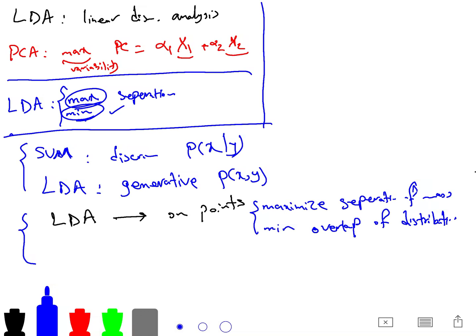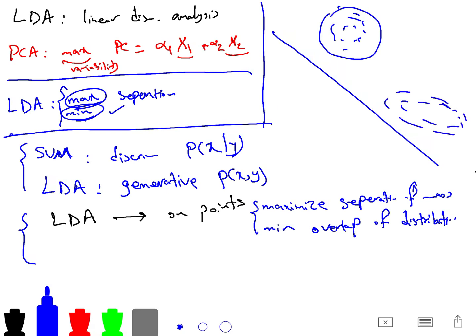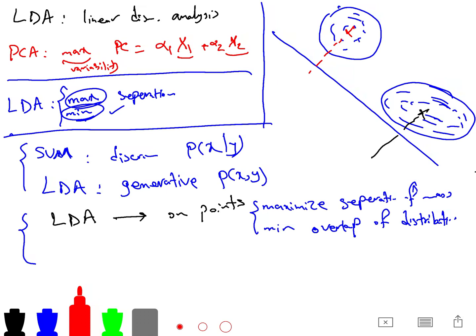For example, here you have some points in one class and some other points. The mean of this class is here, and the mean of this class is here. You want the distance between these means to be as big as possible.